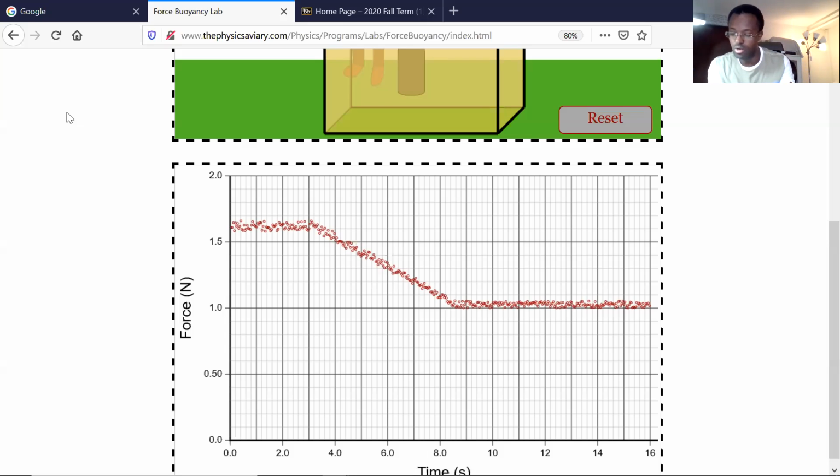We want to know the relationship between the two, the buoyant force and the acceleration due to gravity. You will have to plot that and give us the equation of the line that establishes that relationship.